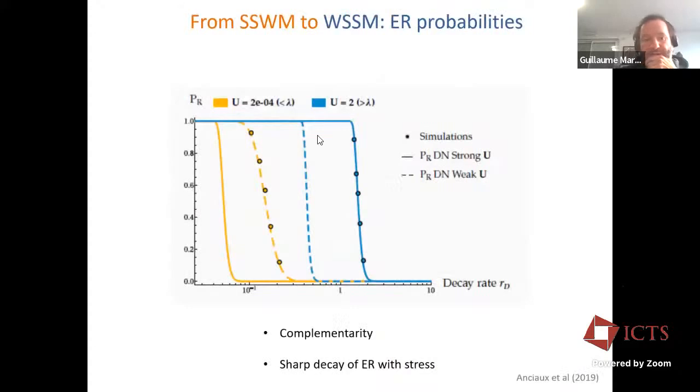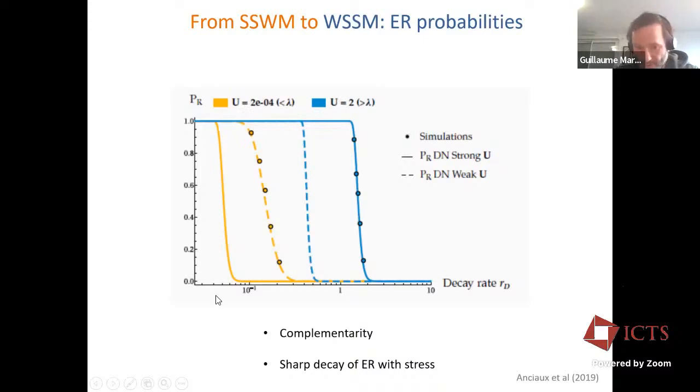So here, for example, we took two extremes to illustrate it. You have a mutation rate very low, way below lambda, and a mutation rate very high, way above lambda. And you can see how in this regime, the theory for the weak mutation is correct. The dashed line is the SSWM, the strong selection theory, and it's correct with the strong selection simulations.